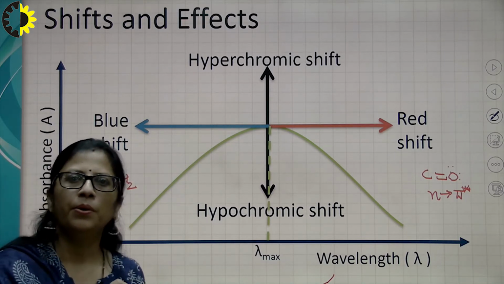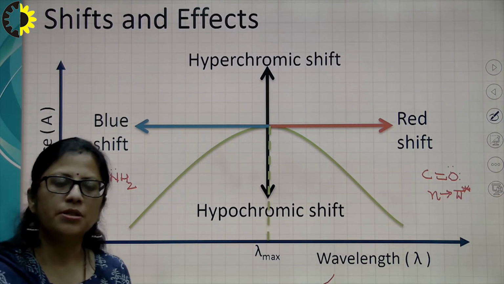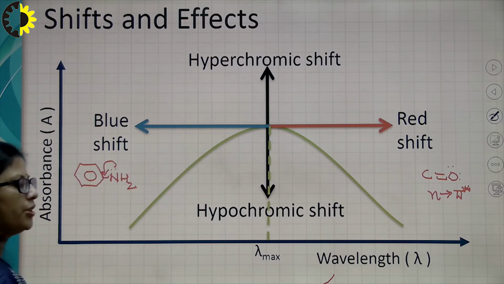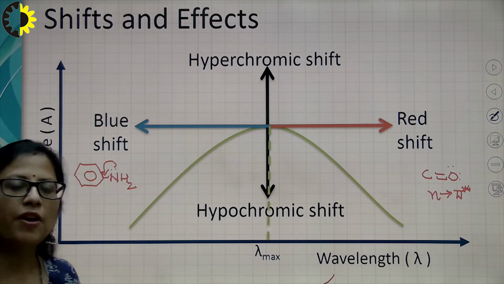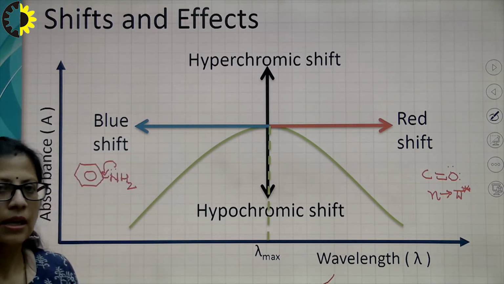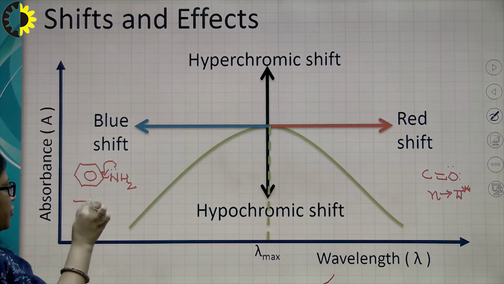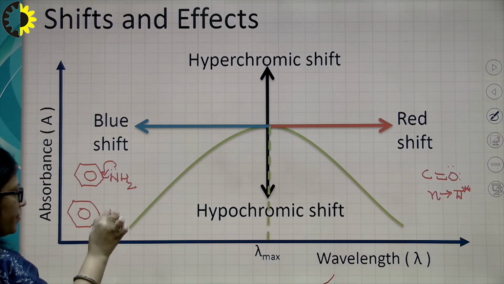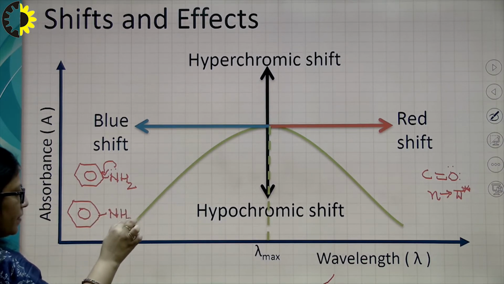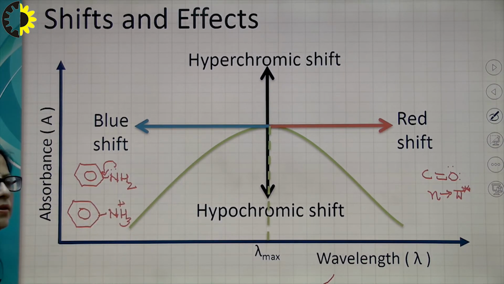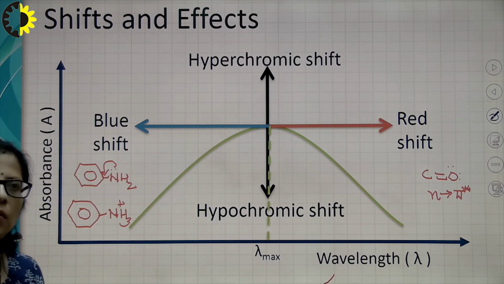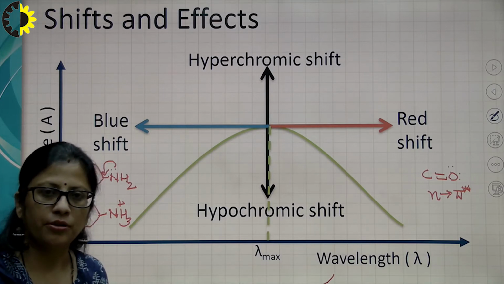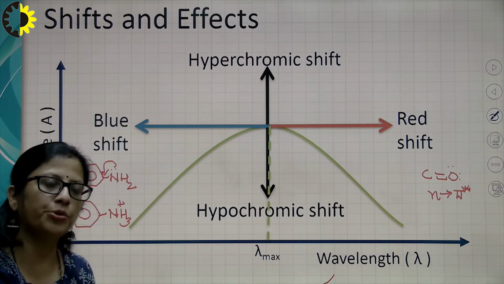In normal conditions, this lone pair is involved in conjugation, but if I change my solution to acidic, then in acidic medium the aniline forms NH3 plus. Now, these lone pairs are no longer available for conjugation. Hence, I am breaking the conjugation.